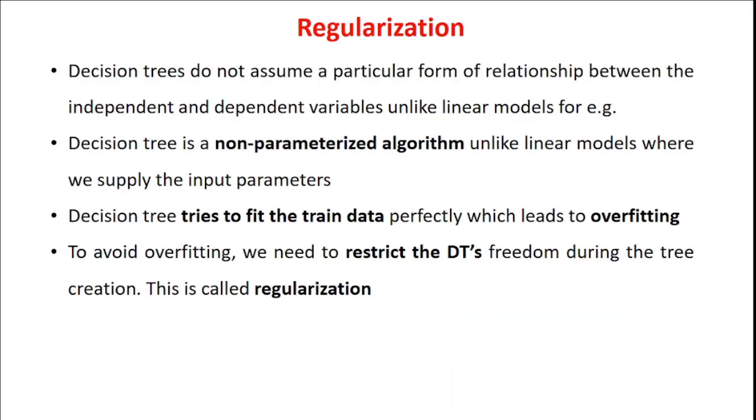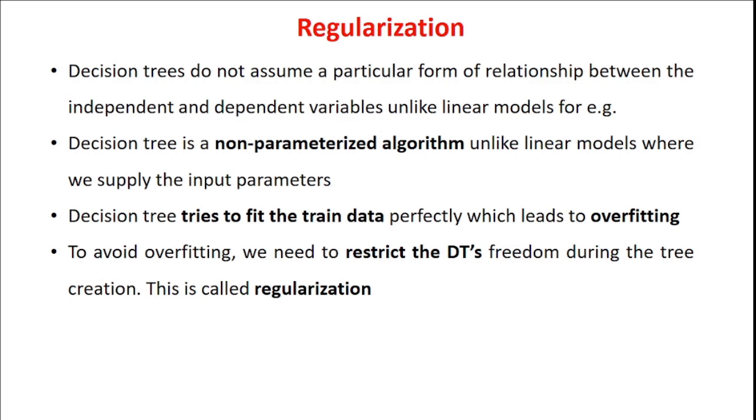Now we are going to introduce a term called regularization. Decision trees do not assume a relationship between the input features, that is dependent and independent variables, like linear models, so it is otherwise called a non-parametric algorithm. A decision tree tries to fit the training data perfectly, which leads to overfitting.